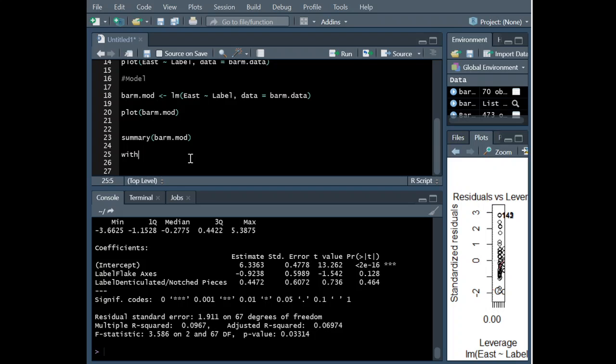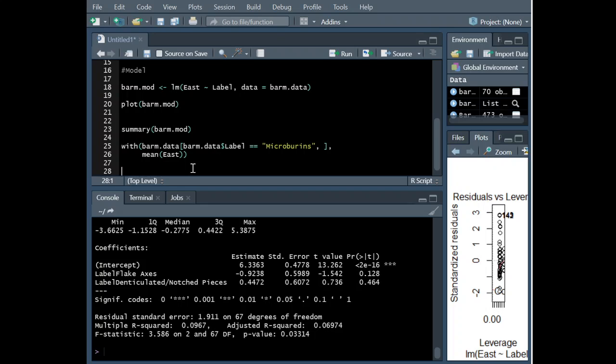So we're going to use the with function here, and I'm going to say with barm data, and specifically index the barm data so that we're looking at just the microburins. Put a comma there, and then another comma outside of the brackets, and then I'm going to say mean East.